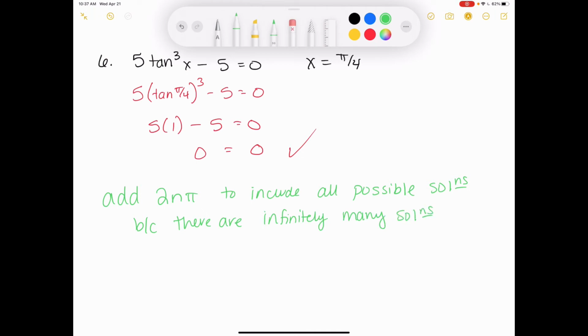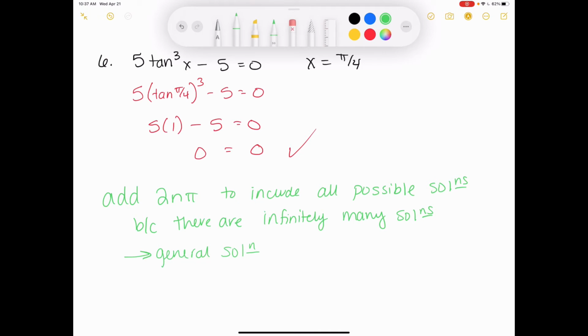Okay, so do this when it asks for the general solution. That's what your instructions are going to say, is to give the general solution. And so when it says that, you need to add 2 n pi. What does the n stand for? The number of times it goes around.